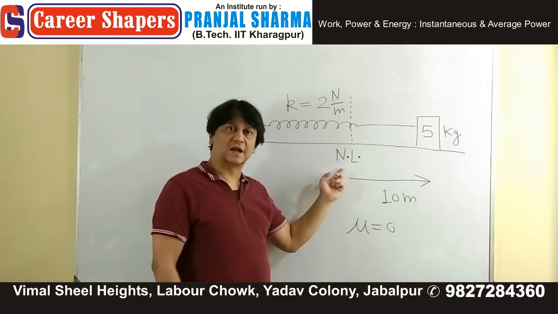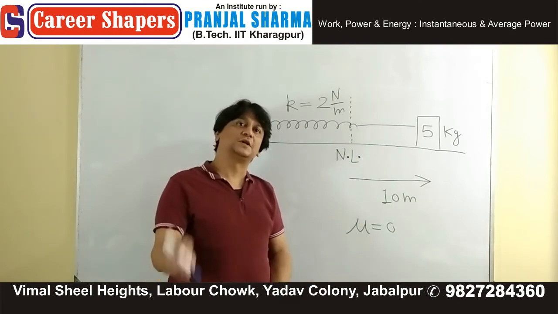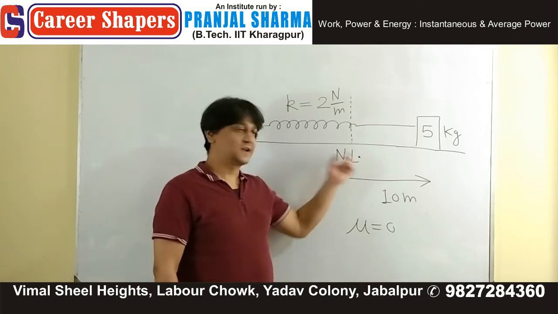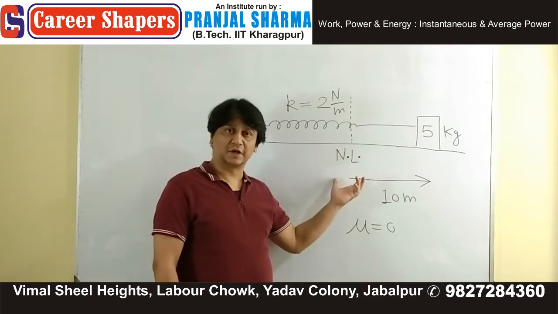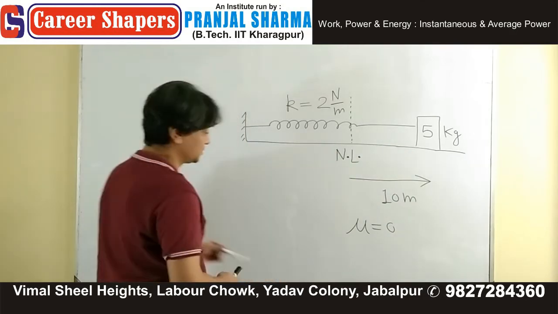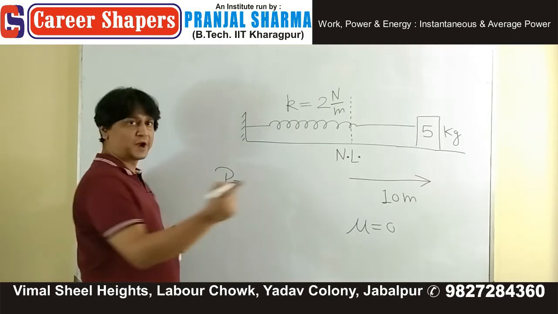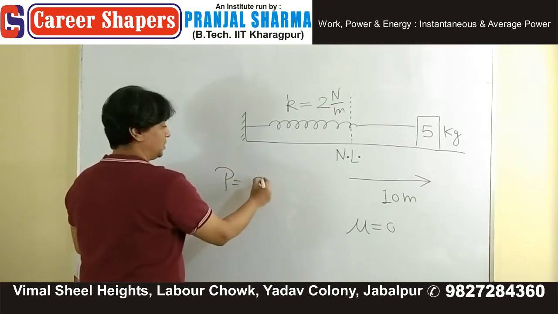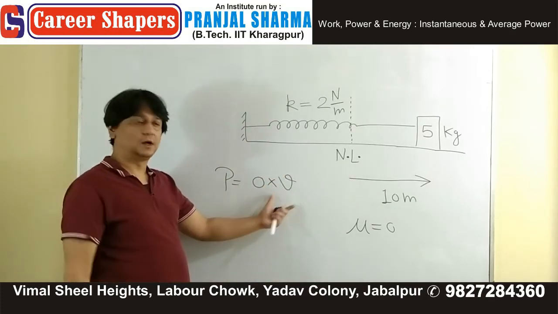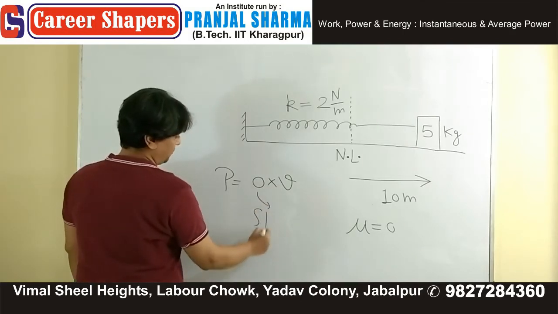When object is at the natural length, what is the spring force? 0. So force itself is 0, then what is the power? 0. Object definitely is moving with some velocity, but we are not interested in that. Why? Because power is force times velocity, but spring force is 0. Object definitely has some v, but what to do with it? It is being multiplied by 0. This is spring force.